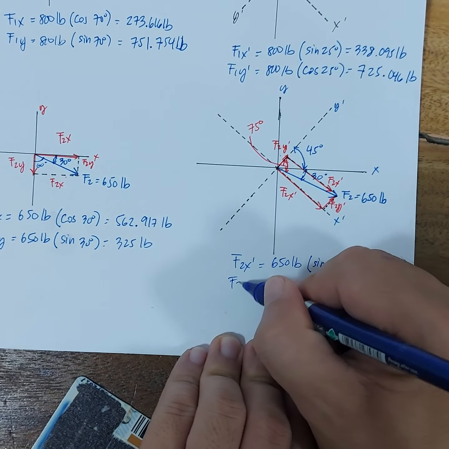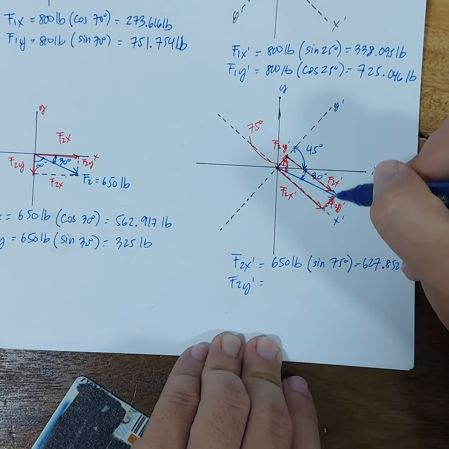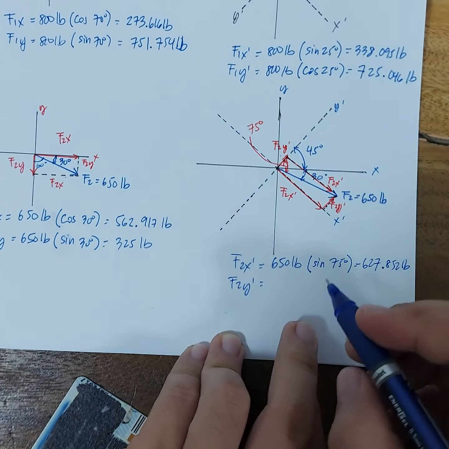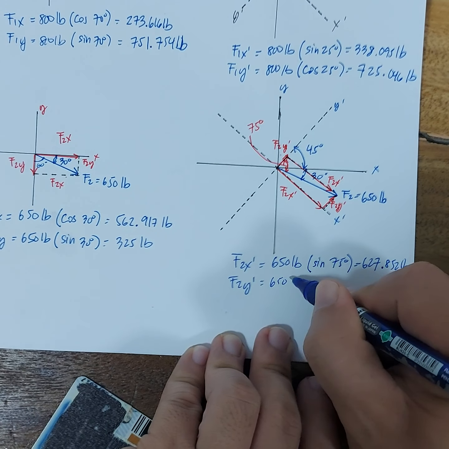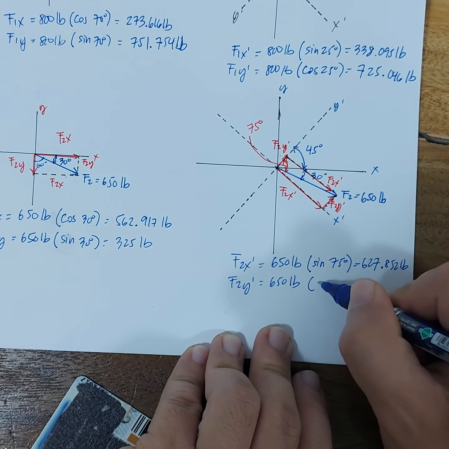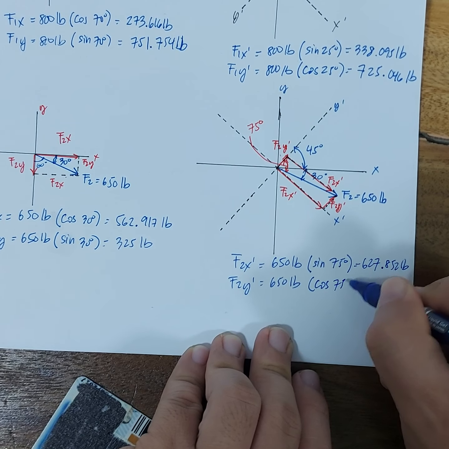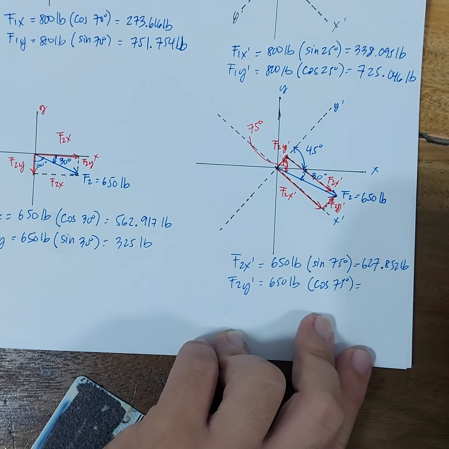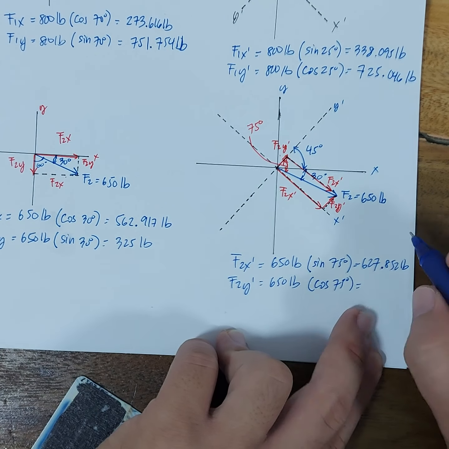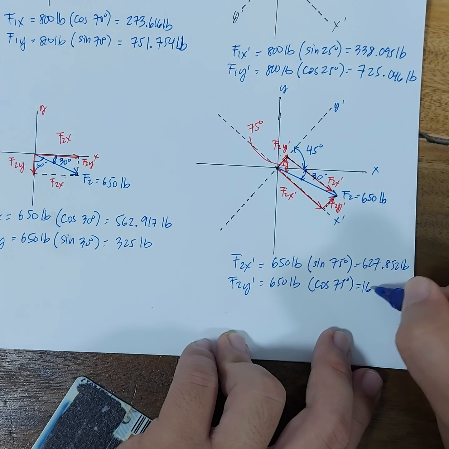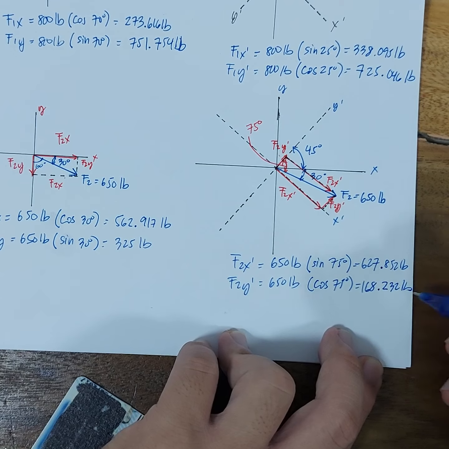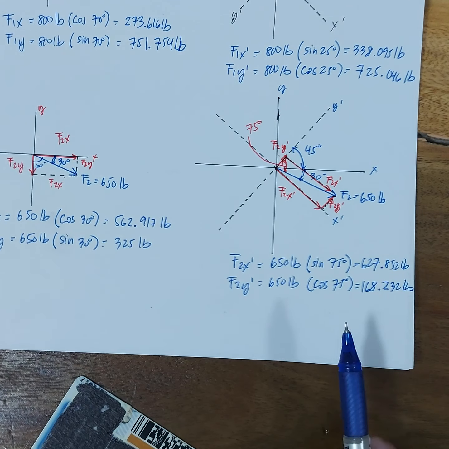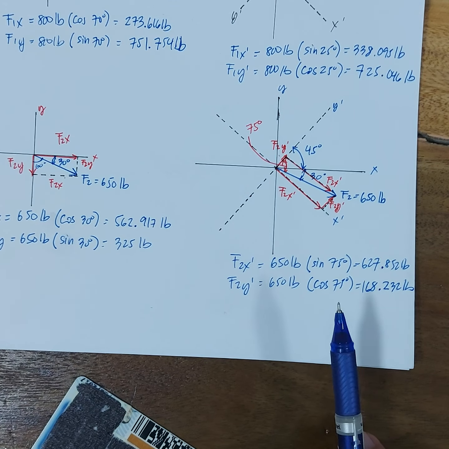And F2y prime, ito adjacent natin. Adjacent, we're going to use cosine. So that's equivalent to 168.232 pounds. Okay? So that is problem number 2.